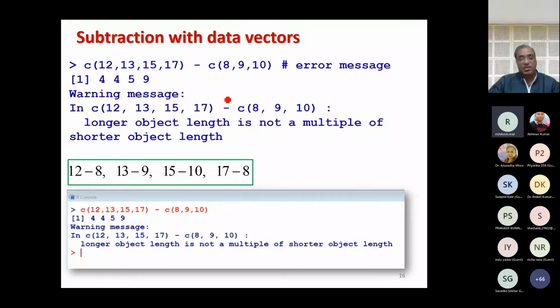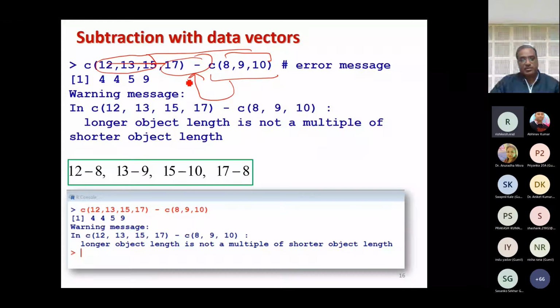And now similarly, if you take a number of elements in the second data vector which is not an exact multiple, the same story will happen: 8, 9, and 10 are going to be operated over 12, 13, and 14. Then 8, 9, 10 will come again, so 17 minus 8 will happen, but then what to do with 9 and 10 is not clear.